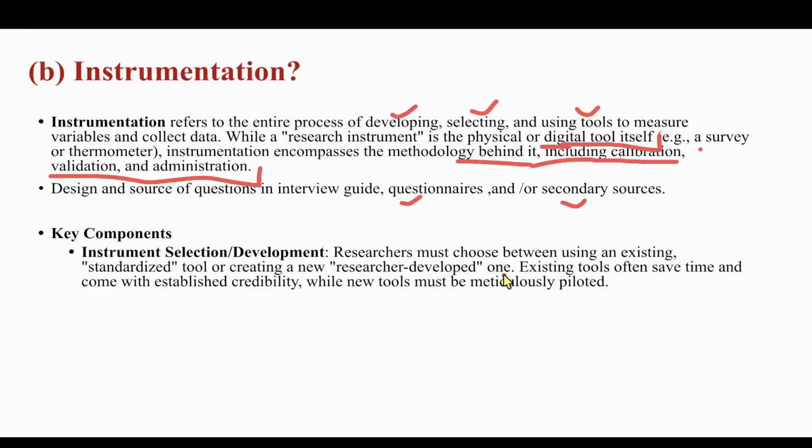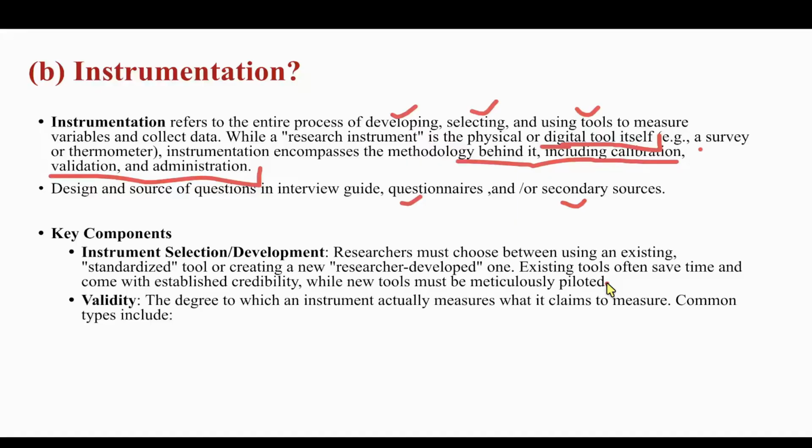And most of the time we have to attach it as an appendix, so that we validate that and we share it with the reviewers or editors. Existing tools often save time and come with established credibility, while the new tools must be meticulously piloted, and we have to check the reliability and validity in that case.